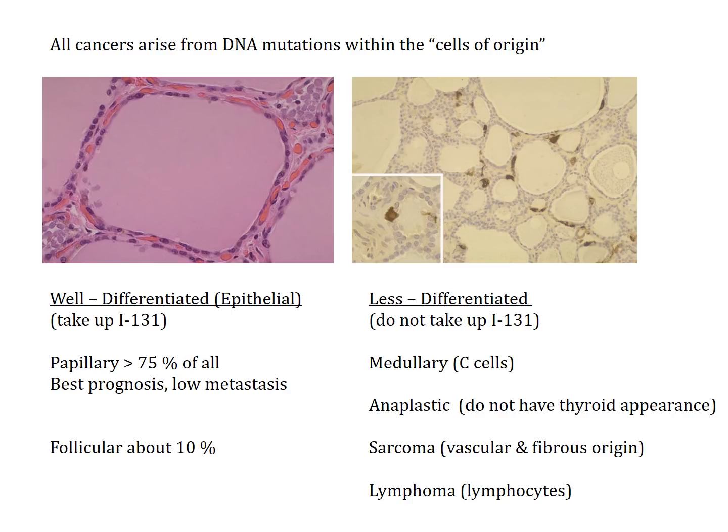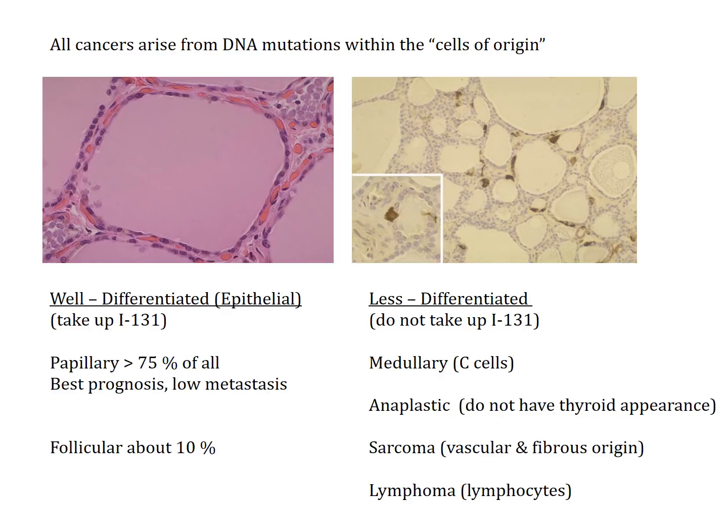There's well-differentiated thyroid cancer. Those are cancers that come from those epithelial cells lining the colloid. And then we have less differentiated thyroid cancers. Those are cancers that arise from other cells found within the thyroid gland. I'm not going to spend too much time on those.